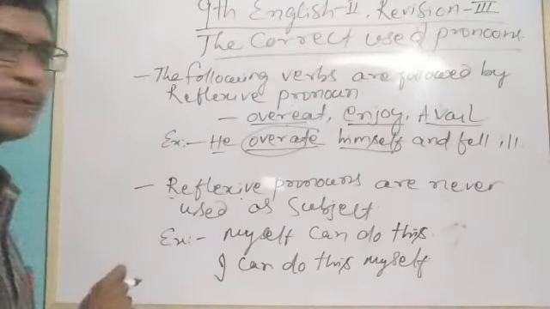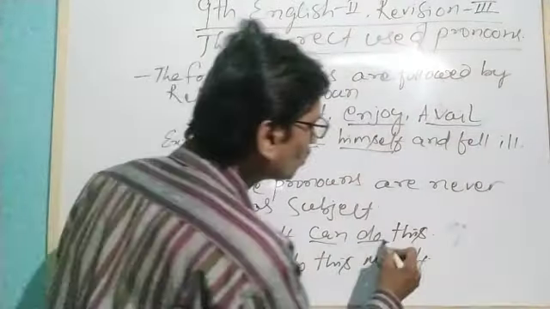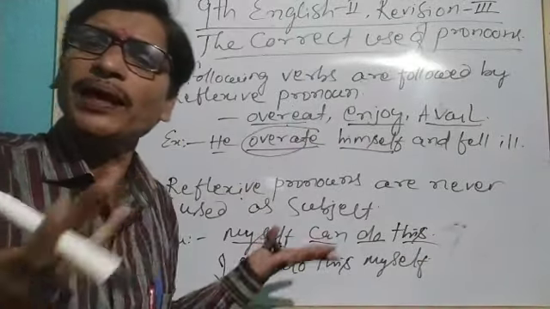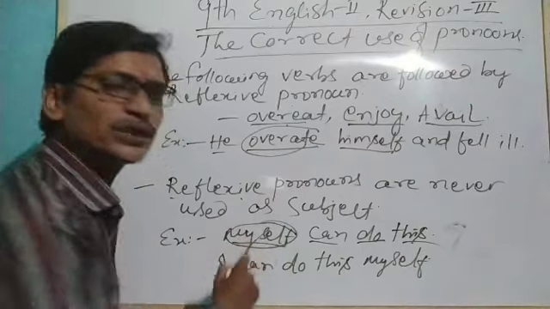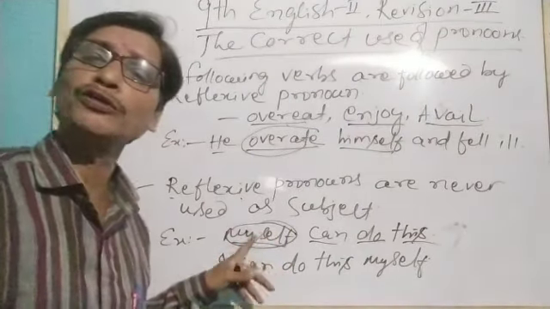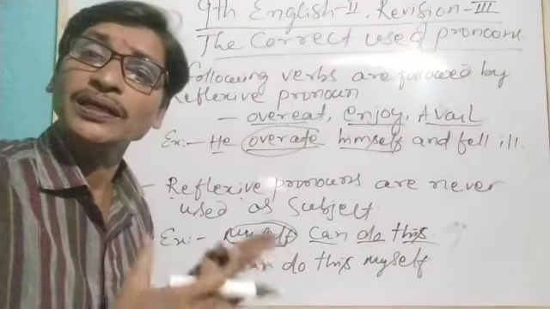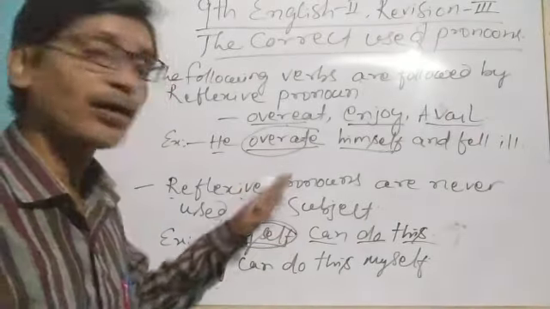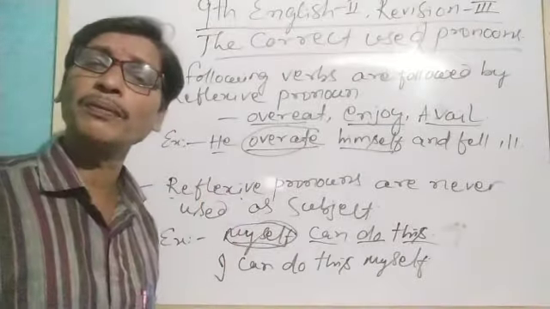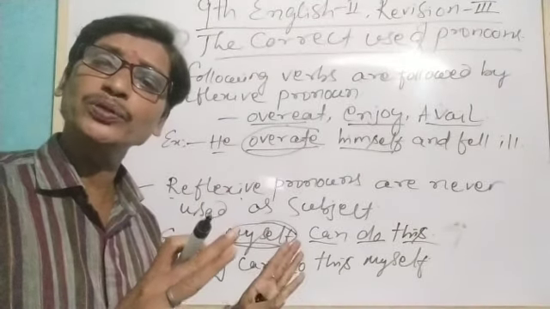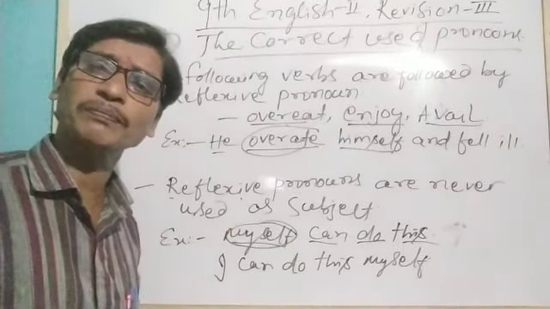You see the example given. Myself can do this is a wrong sentence, because here myself is used at the beginning of the sentence and functioning as a subject. Therefore, the sentence is wrong in accordance to this rule. The rule says that a reflexive form of a pronoun can never be used as a subject in our statements.